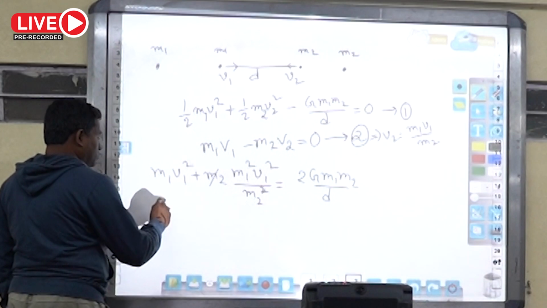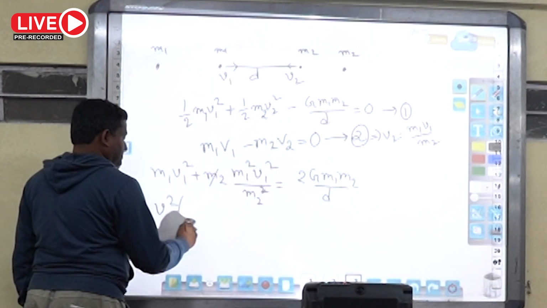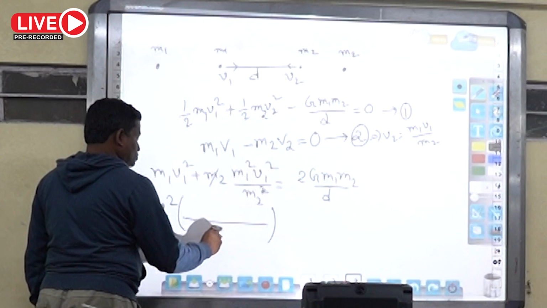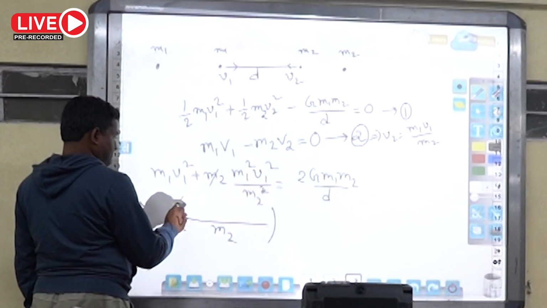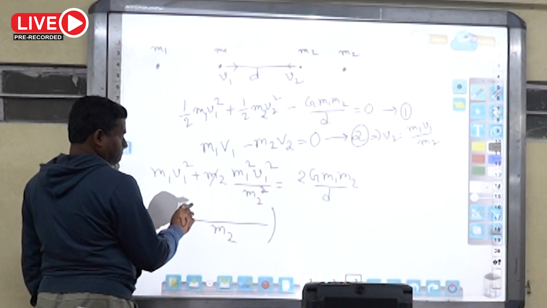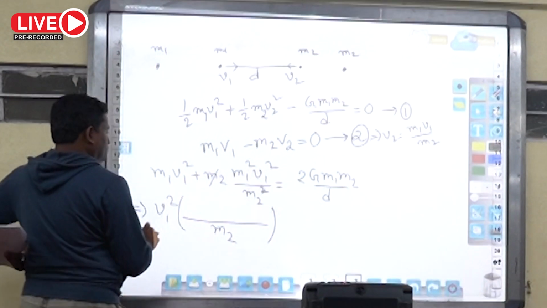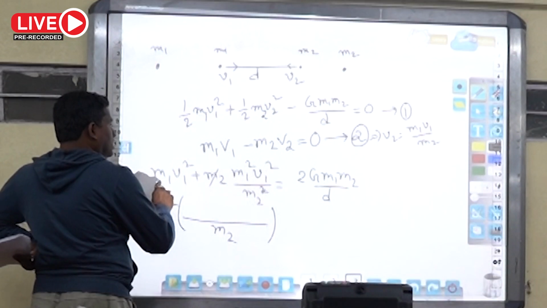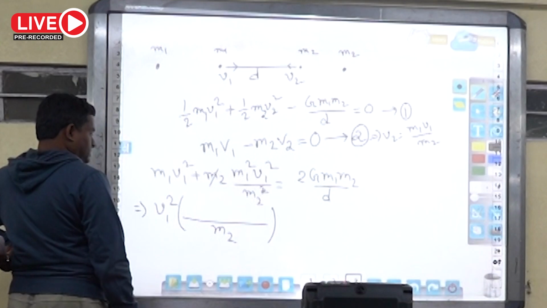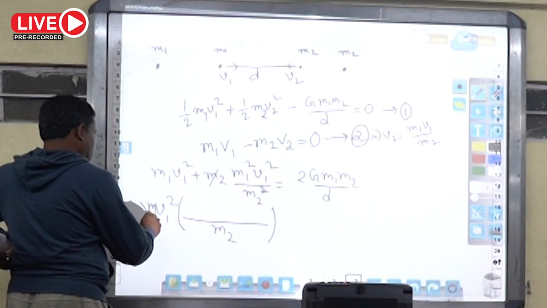Then take V1 square common, and one M1 can also be taken common.